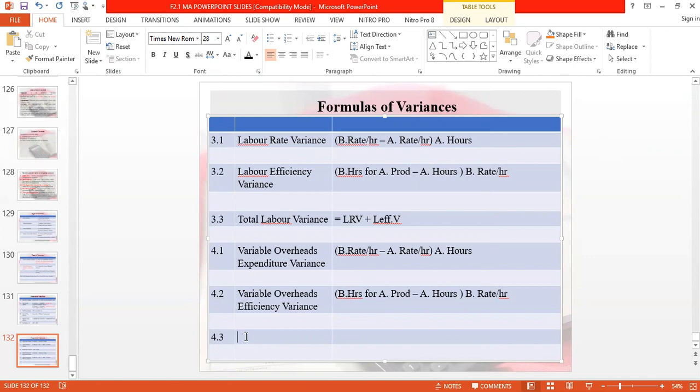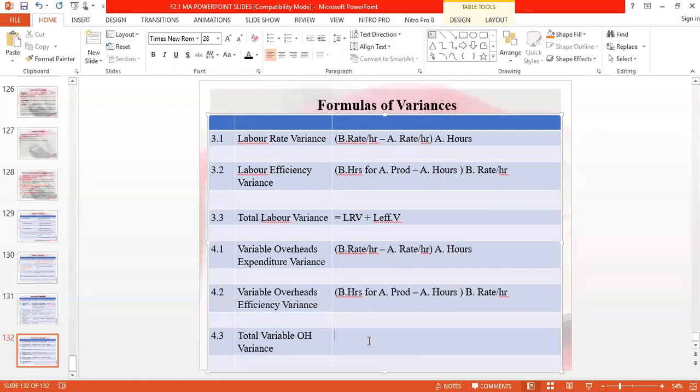4.3, total variable overheads variance. In this case it is equal to variable overhead expenditure variance plus variable overheads efficiency variance.